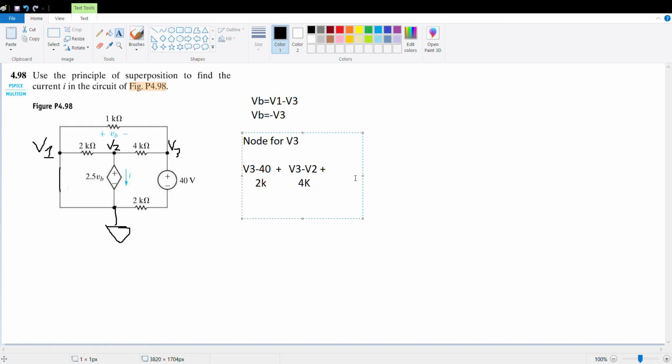Plus, finally, V3 minus V1 over 1 kilo ohm. And all of that is equal to 0.